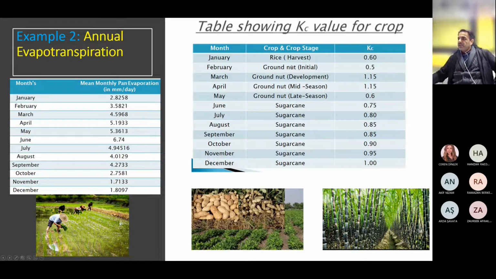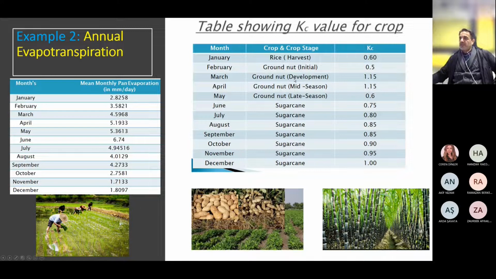For example, here you see that in a given area, we had such cultivation activities in different months. For example, in January, they were harvesting rice. In February, groundnut. In March, development.